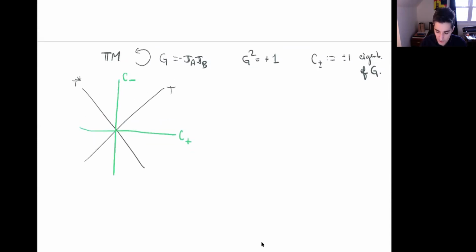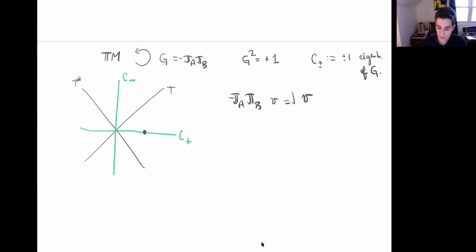So okay, first of all, let's just think practically about this. G is minus JAJB. So if G acts on a point in C plus, it acts by 1. That means minus JAJB on some vector is just the vector.